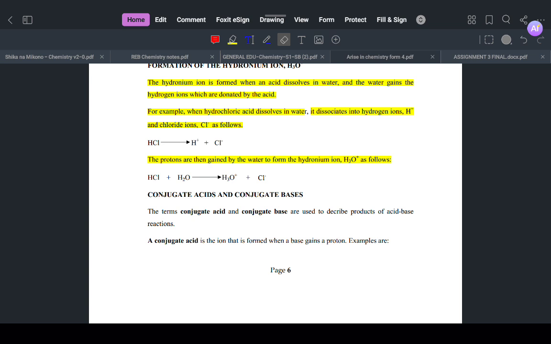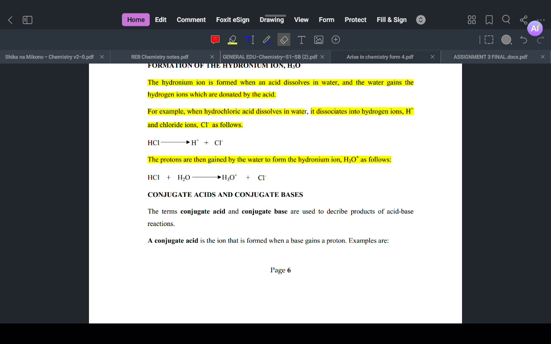All right, and the base does the opposite. For every proton donated by an acid, there must be an acceptor. So bases are therefore proton acceptors, meaning they accept or receive hydrogen ions from acids that they are reacting with.